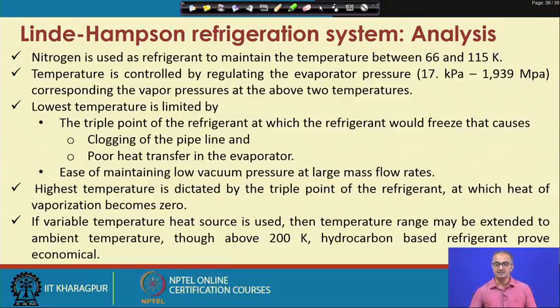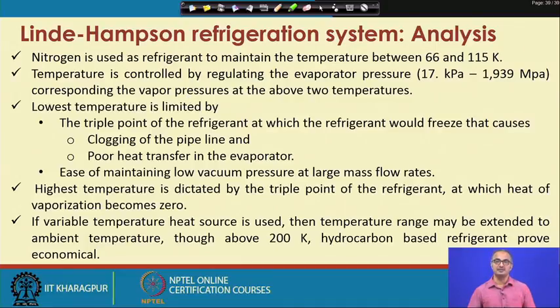Now there are some points to be noted. In the Linde-Hampson, nitrogen is used as refrigerant if we want the temperature to be between 66 and 115 K, and if we want this kind of temperatures to be varied, then we need to change the pressure, because as we know, with the change in the pressure, the saturated temperature changes.